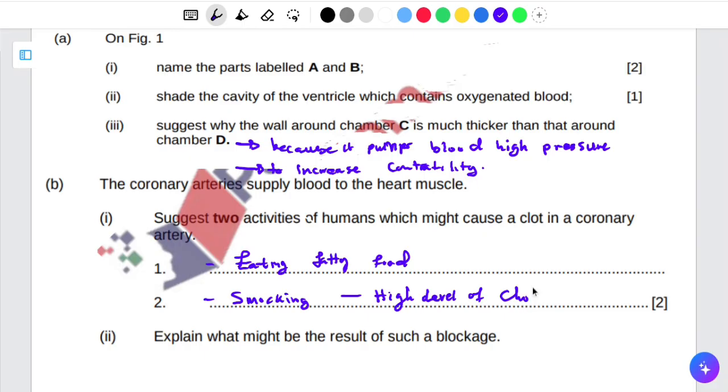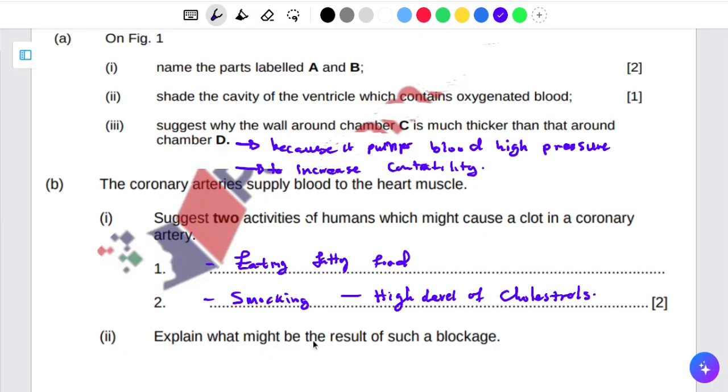It can also cause a heart attack when there's clotting in the coronary artery. So it is very, very important to know. Apart from this, there is also alcohol consumption, but you can just choose 2 from these.